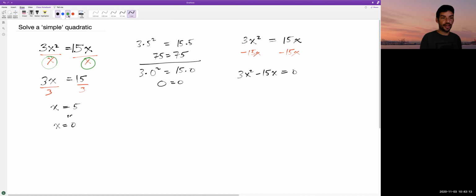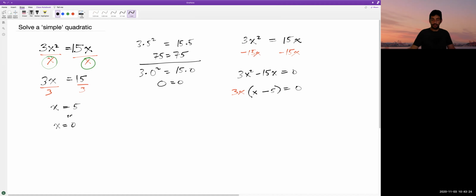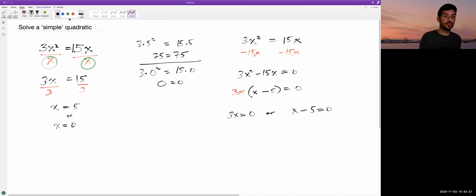I can factor out 3x, leaving behind x minus 5 equal to 0. And of course, now I have two factors that are multiplying together and are equal to 0. One of them has to be 0. In other words, 3x is equal to 0, or x minus 5 is equal to 0.